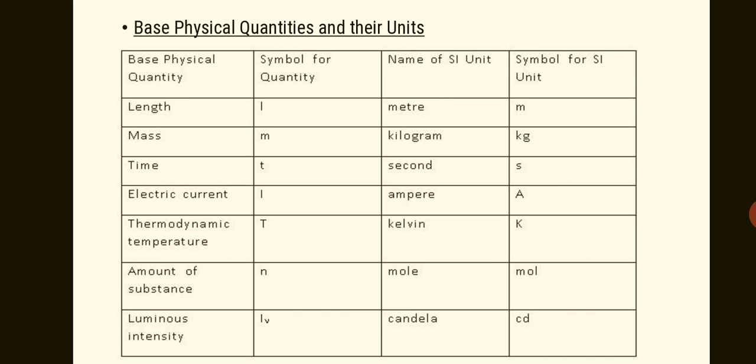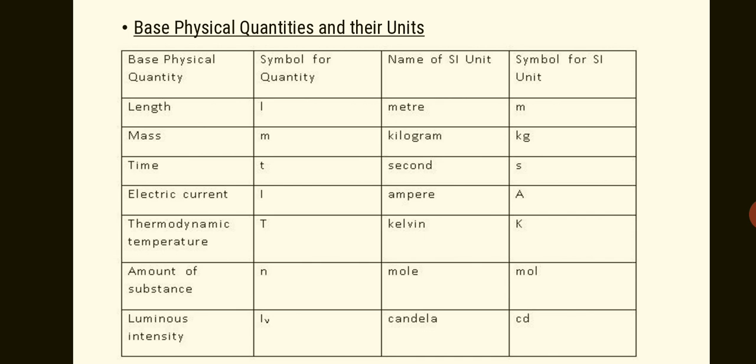Third one is time. It is denoted by small t. The SI unit is second and the symbol for it is small s.